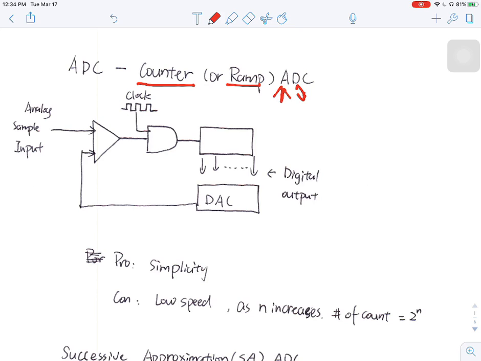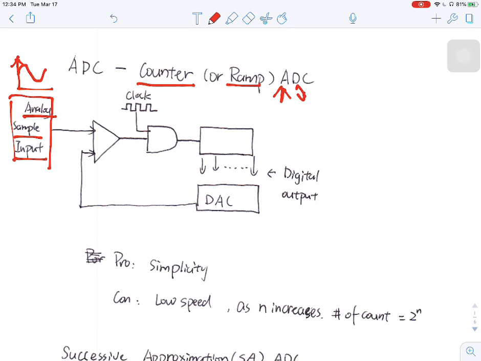And this counter ramp ADC is the simplest ADC you can find. So the analog sample input is on this side, and those are the signals, either voltage signal or current signal.